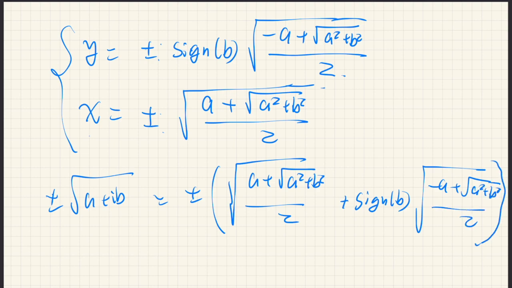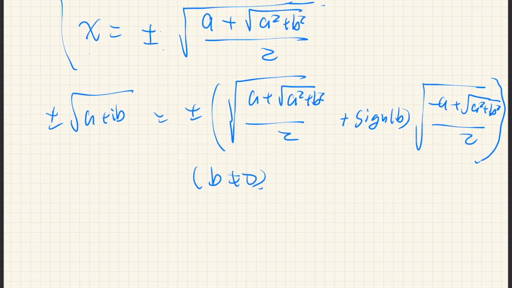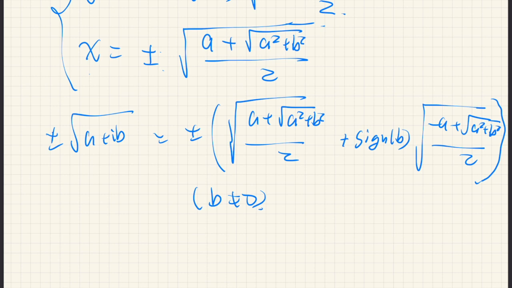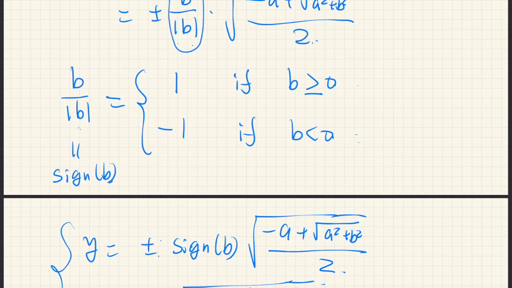So this is it, when b is non-zero. Actually, this solution includes the case when b is equal to 0, if we define this sign function so that sign of b is positive 1 when b is non-negative, and negative 1 when b is strictly negative.